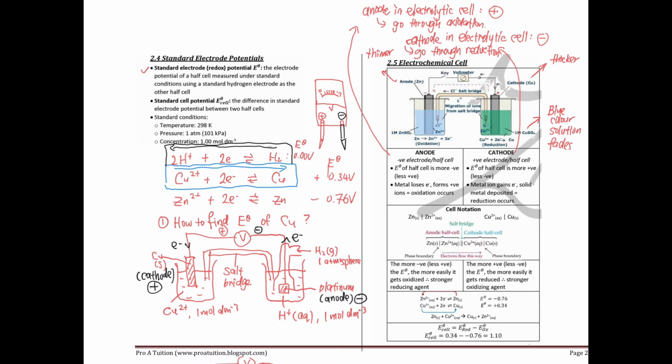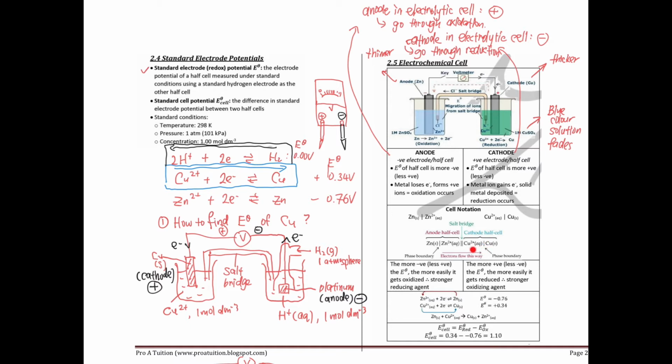So on the other side, we start from the right hand side. We put the electrode, then we draw a vertical line to show the phase boundary. Phase boundary means they have different physical states. This is solid, this is aqueous. So for different physical states, we put the phase boundary as a vertical line.